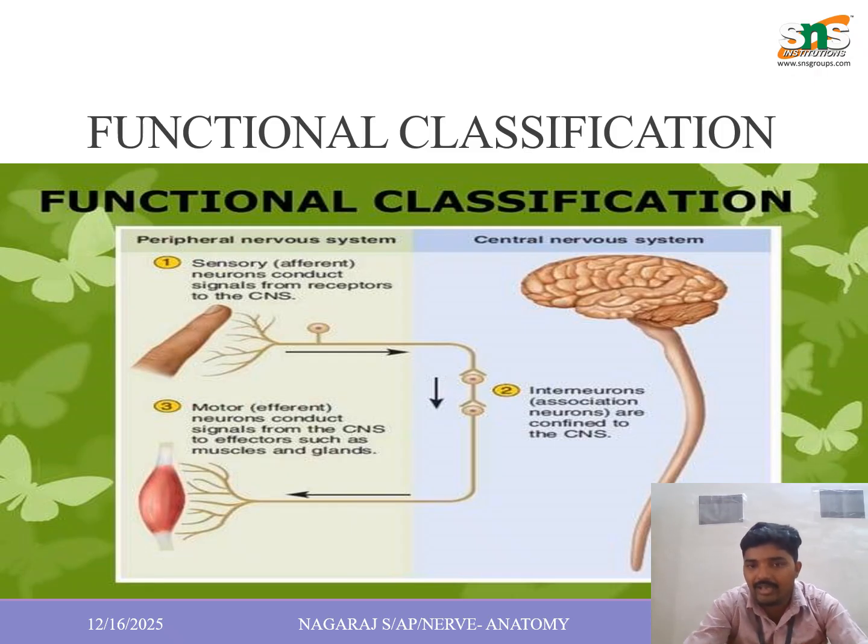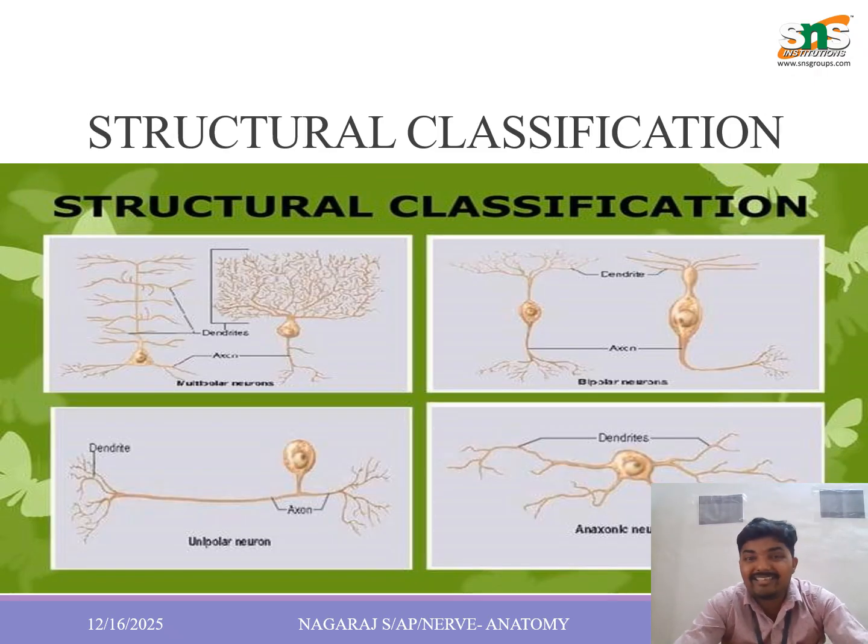The interneuron is the association between the afferent and efferent neurons. Then the structural classification. What is structural classification? First is the multipolar neuron, where the cell body is present with multiple processes. In a bipolar neuron, the cell body has two processes. In a unipolar neuron, the cell body is present on only one side of the nerve structure.